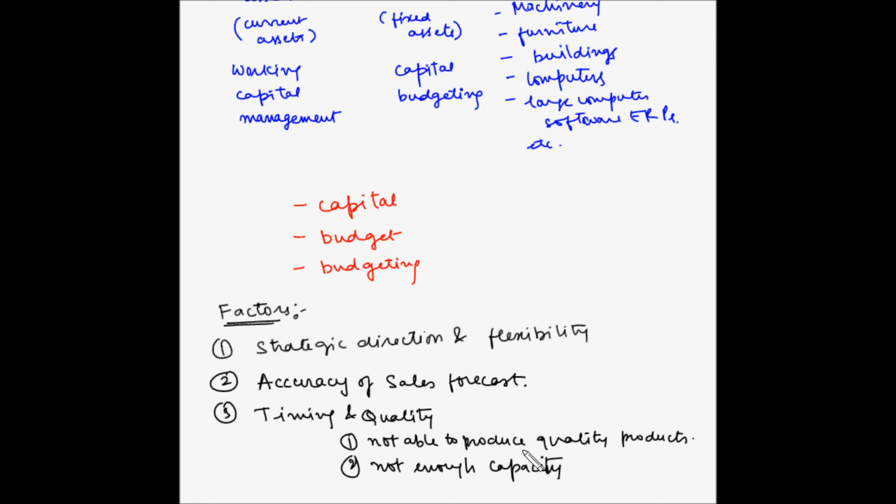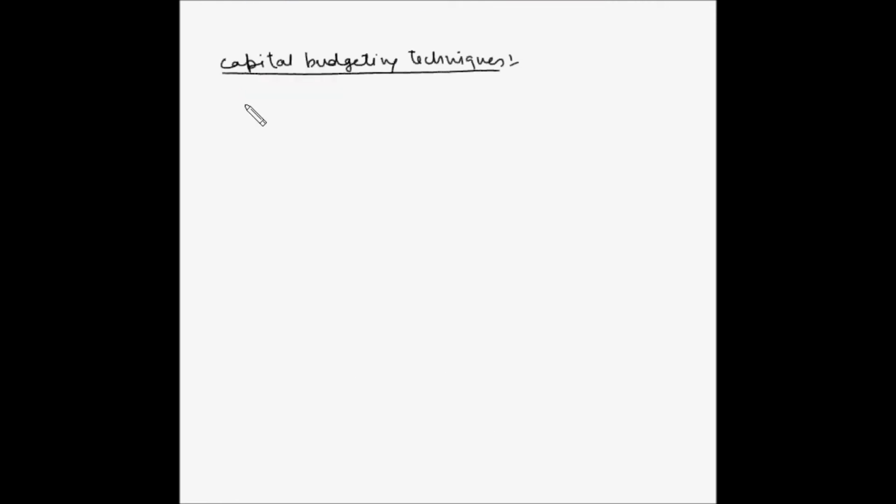Now, all of these may or may not be the best investment at a particular point in time. So the capital budgeting process helps in screening the projects to decide which ones to be selected. Now, there are various techniques which can be used to rank projects and to decide whether or not they should be accepted for inclusion in the capital budget.